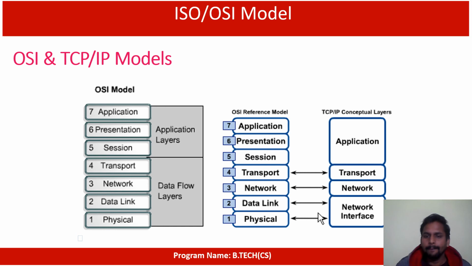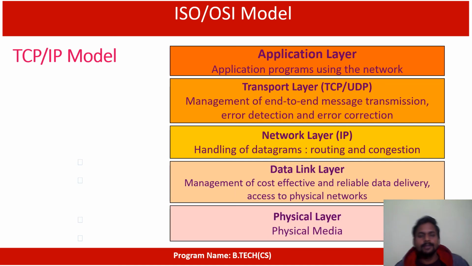You see here they are giving the comparisons of which layers are equivalent to OSI. The transport layer is equivalent to the transport layer of OSI, the network layer of TCP/IP is equivalent to the network layer of OSI, and the physical layer is equivalent to the network interface. But the data link layer we also have separately. In the TCP/IP model we have 5 different layers: application layer, transport layer, network layer, data link layer, and physical layer.